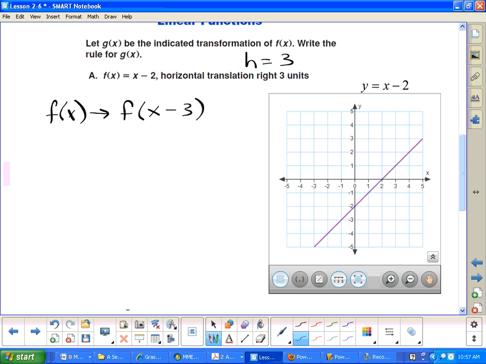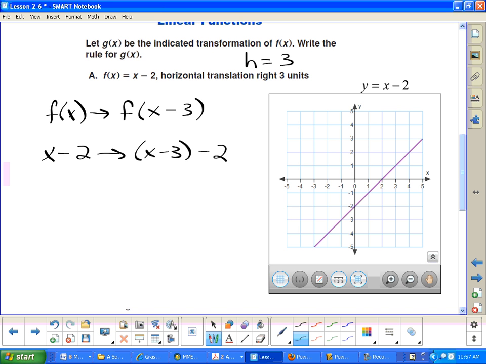And if it's horizontal, it's f of x minus h. So wherever our x's are, we're going to replace them with x minus 3. So my x minus 2 is going to become x minus 3 minus 2.